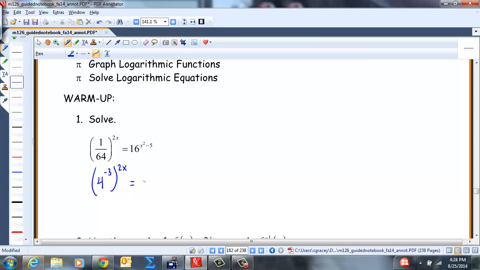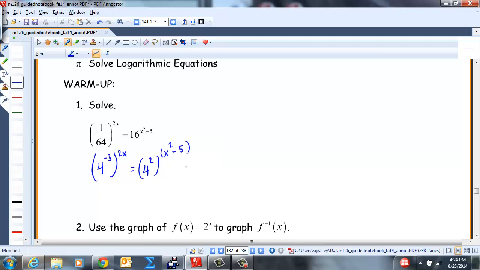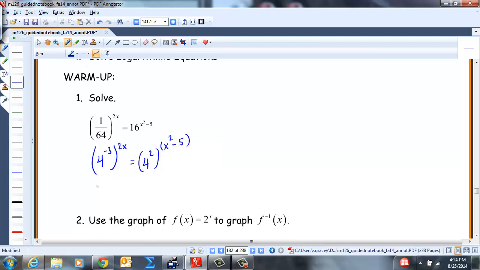On the right side, 16 is 4 squared, and that's being raised to the quantity x squared minus 5. When we raise a power to a power, we multiply. So we'll get 4 to the negative 6x is equal to 4 to the 2 times quantity x squared minus 5.